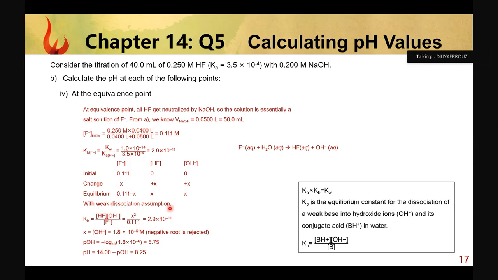With the weak dissociation assumption, we can simplify this into 0.111. So we can get x, which is equal to the concentration of hydroxide ion. Then we know the concentration of hydroxide ion, we can calculate the pOH, which is 5.75. Then we can use 14 minus pOH. We can calculate the pH, which is 8.25.